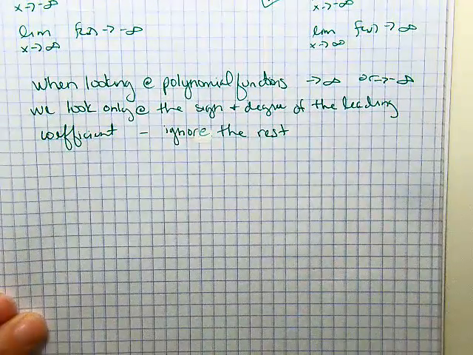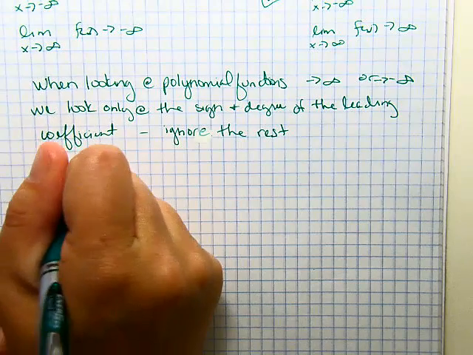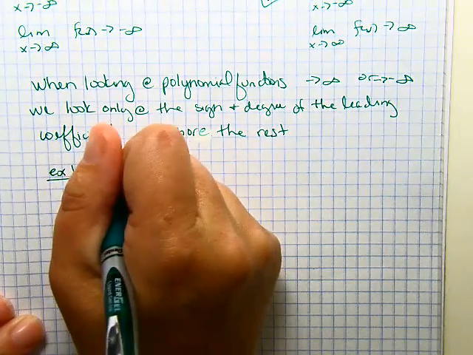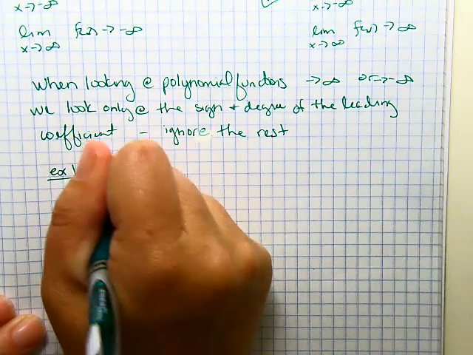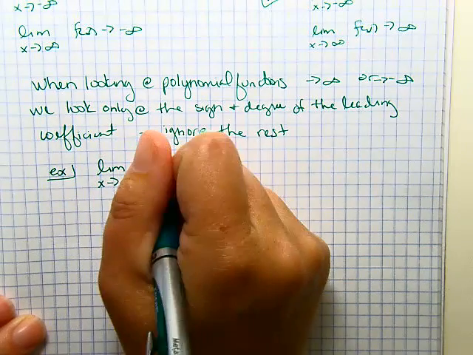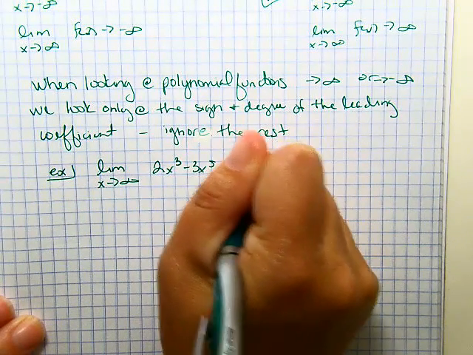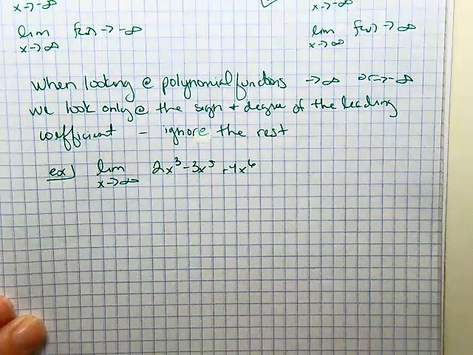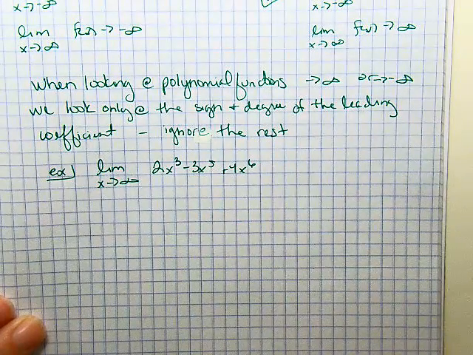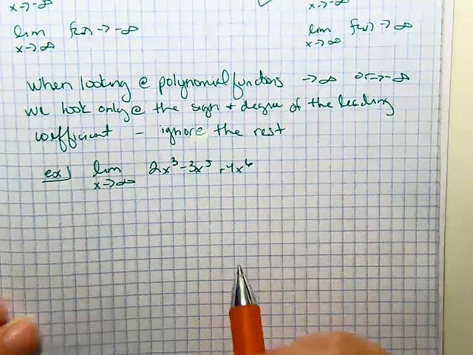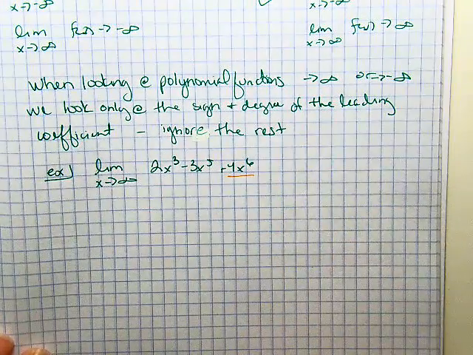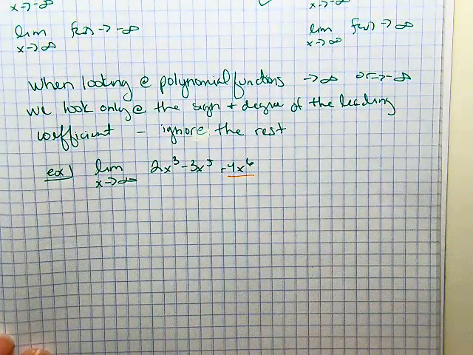So, we'll look at one. We want to look at the limit as x approaches infinity of 2x cubed minus 3x to the 5th plus 4x to the 6th. So, first we're going to identify the leading term, and it is 4x to the 6th.